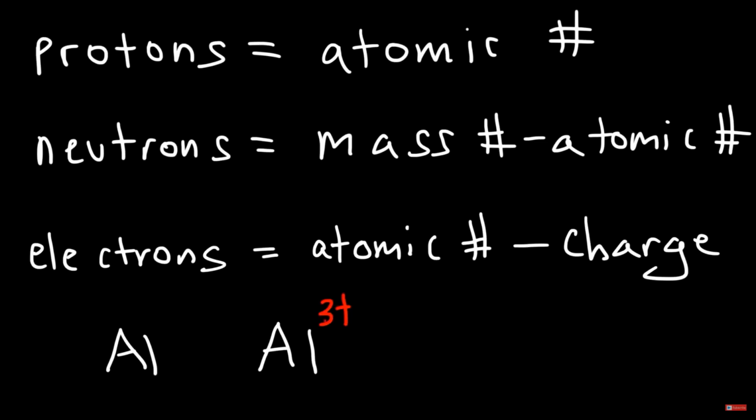In this case, there's going to be 3 more protons than electrons. Or if we have an anion, like the phosphide anion, there's going to be 3 more electrons than protons. So for ions, the number of electrons and protons are different, but for atoms, which are electrically neutral, the number of protons and electrons are the same.